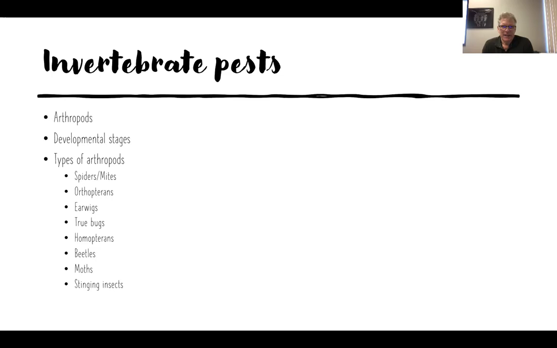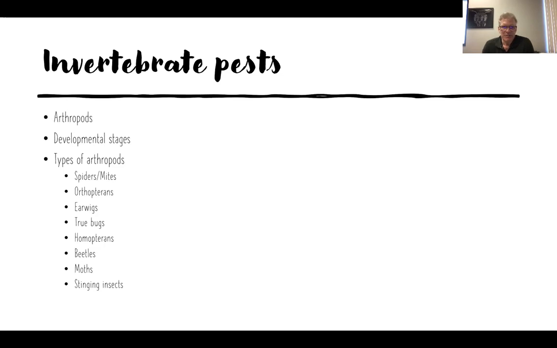True bugs are a group of insects that may prey on other insects that are actually preying on the plant. Or if the plant requires some type of pollination or insect help to go into a different stage or to continue growing, the true bugs can actually be predaceous on these insects and create problems there.